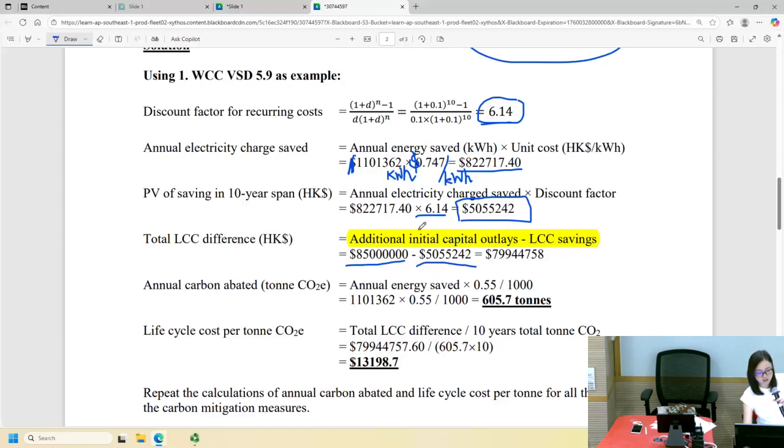So cost minus the saving, then you have the life cycle cost. Okay, so for the item one, over the whole lifetime, the net cost would be this amount. Okay, this is the net cost and is the present value.